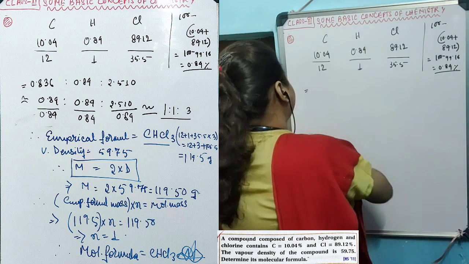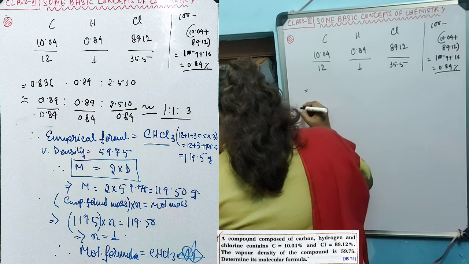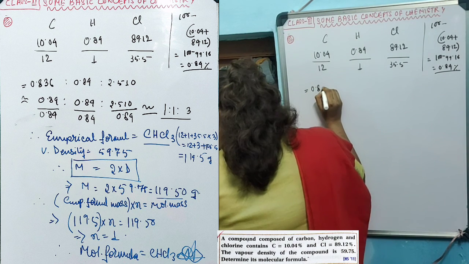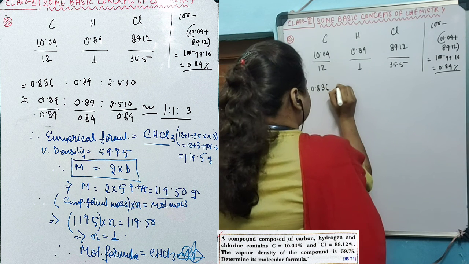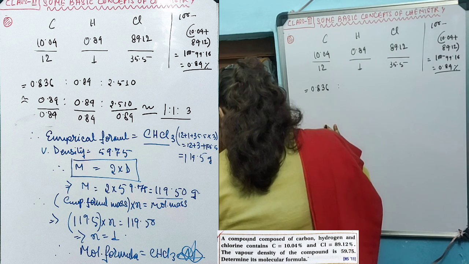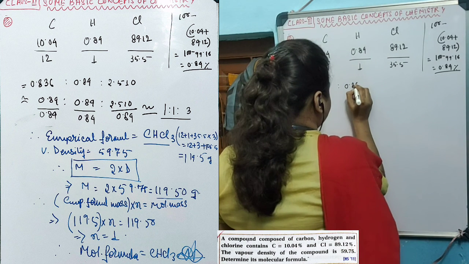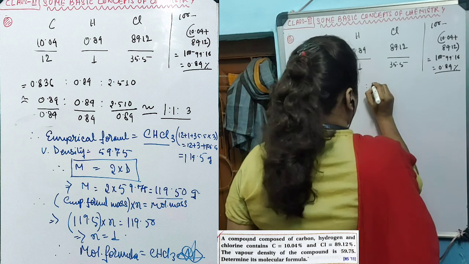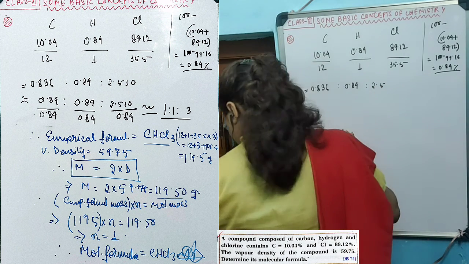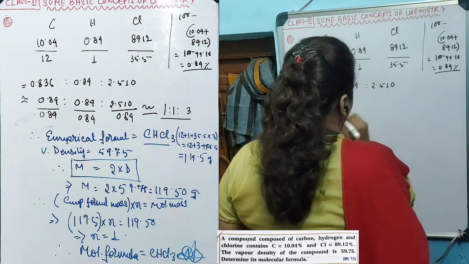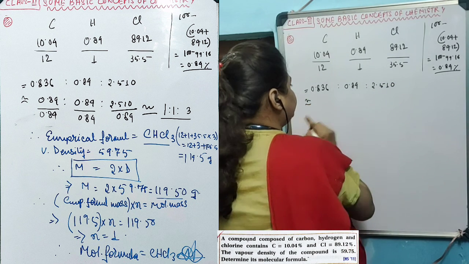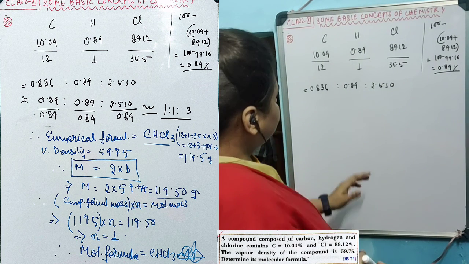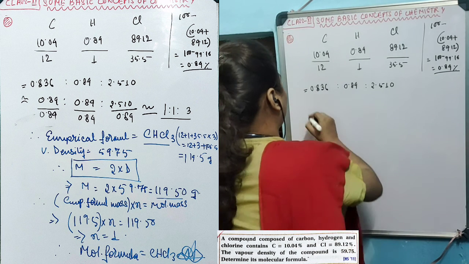This will give 0.836 is to 0.84 is to 2.510.